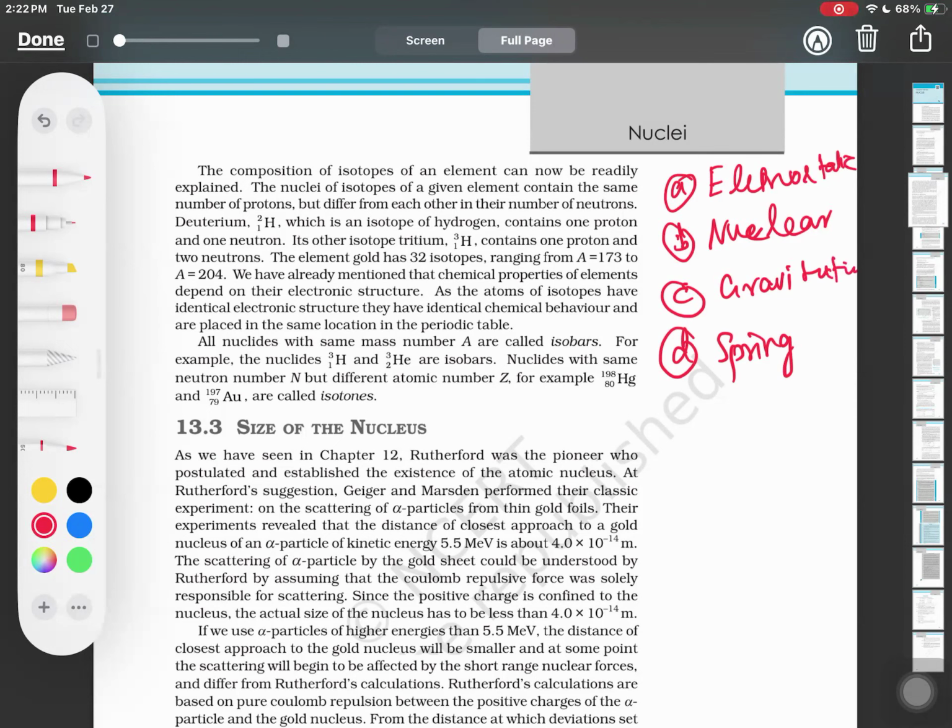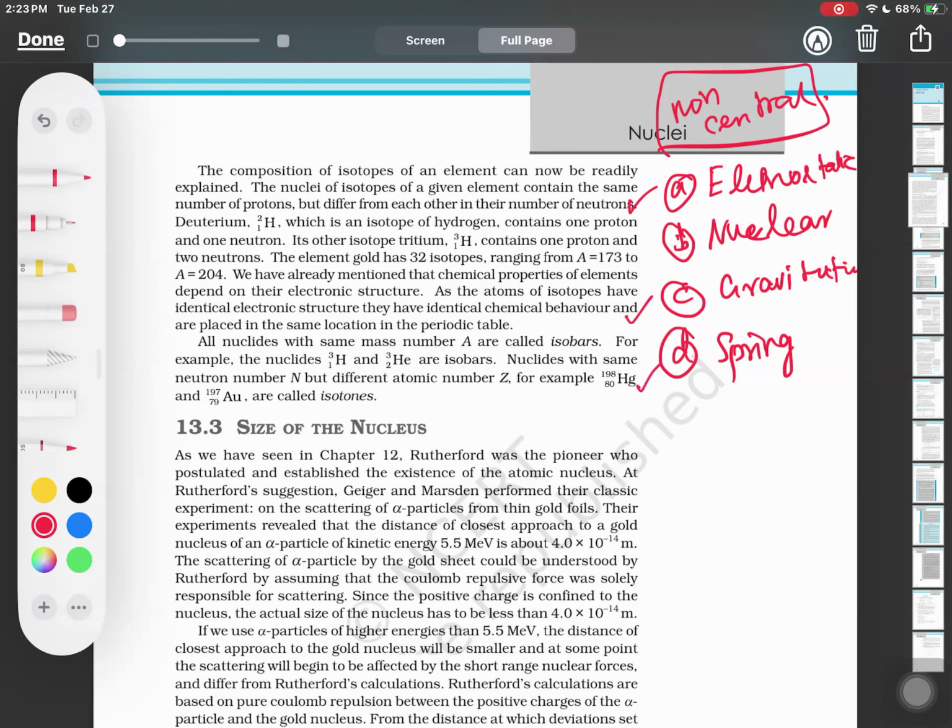You'll be asked which is the non-central force. How can you say non-central? Non-central means it doesn't depend on the center of the atom. Electrostatic force is based on that, gravitation is also based on that, spring also.